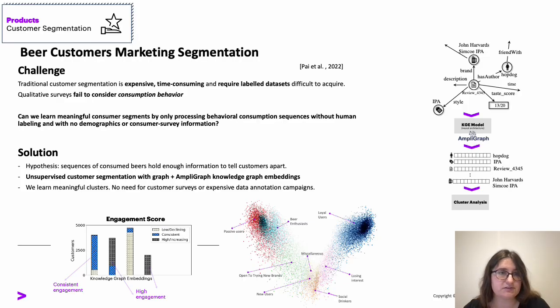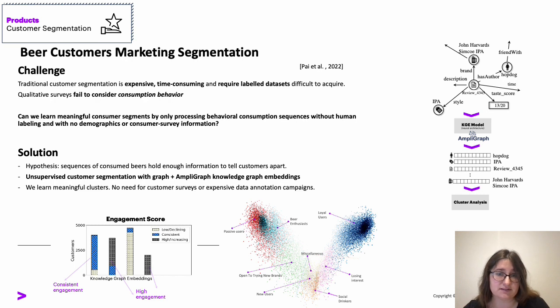In another project, we looked at customer segmentation, especially beer customers' marketing segmentation. Here, similarly as in drug discovery projects, traditional customer segmentation is expensive, time-consuming, and requires a manually labeled dataset, which is difficult to acquire.